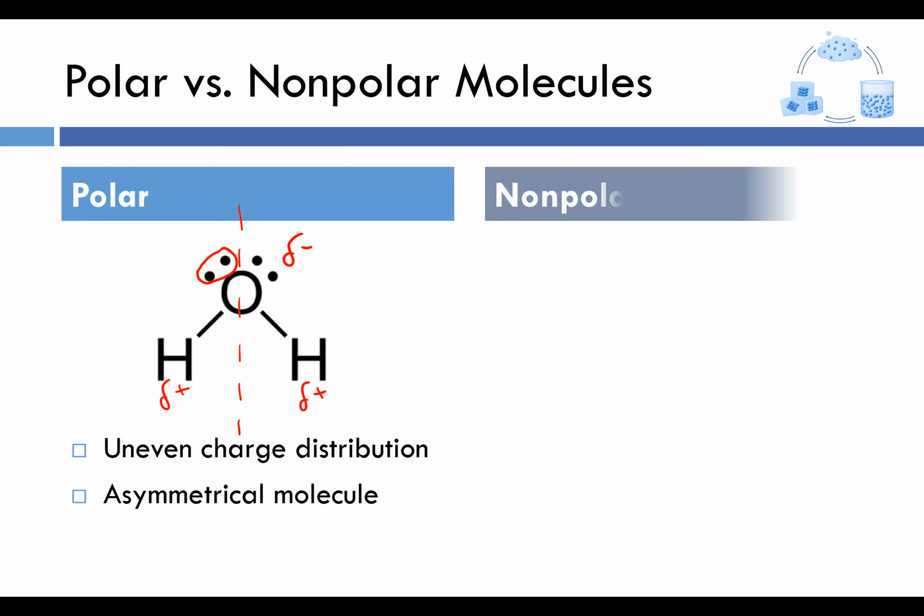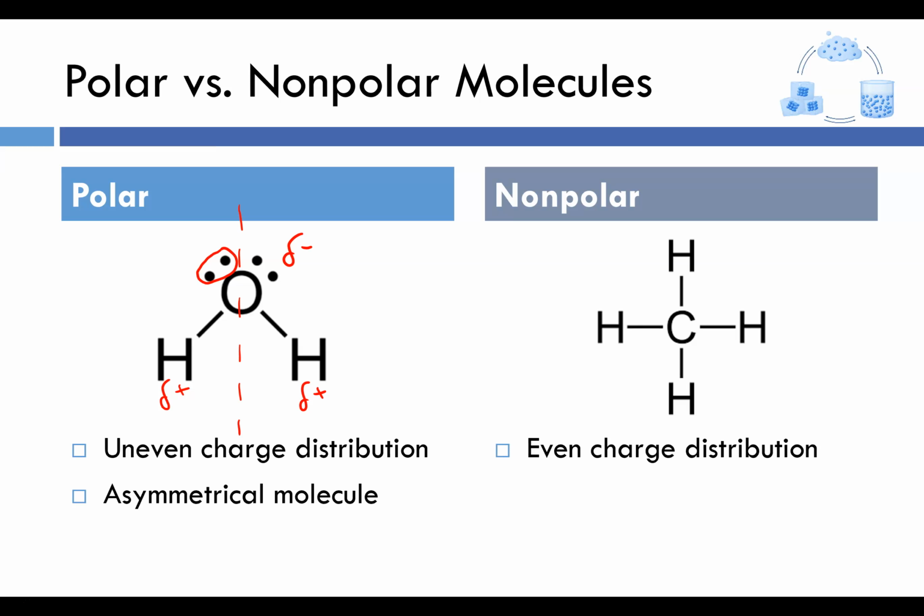On the other side, we've got nonpolar molecules. Picture a nonpolar molecule in your head. There's a good chance you're thinking about some tetrahedral form of carbon. Methane, CH4, is a great example of a nonpolar molecule. Here we see a very even charge distribution. We don't have that positive and negative side of the molecule the way we see in water.